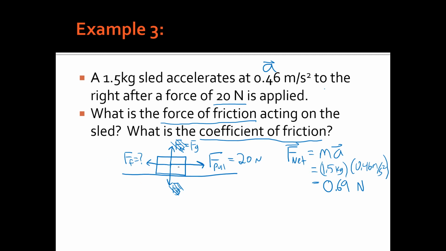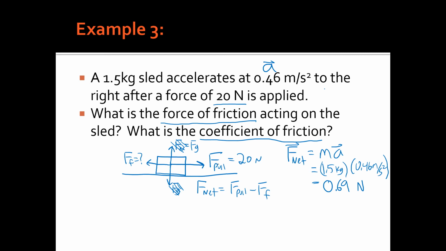Well, in my diagram, I've got two forces. I've got a pulling force going to the right, and I've got a friction force going to the left. Now, since they're acting on the same axis but in different directions, it would make sense to say that my unbalancing force, or my net force, can be the pulling force minus the force of friction.